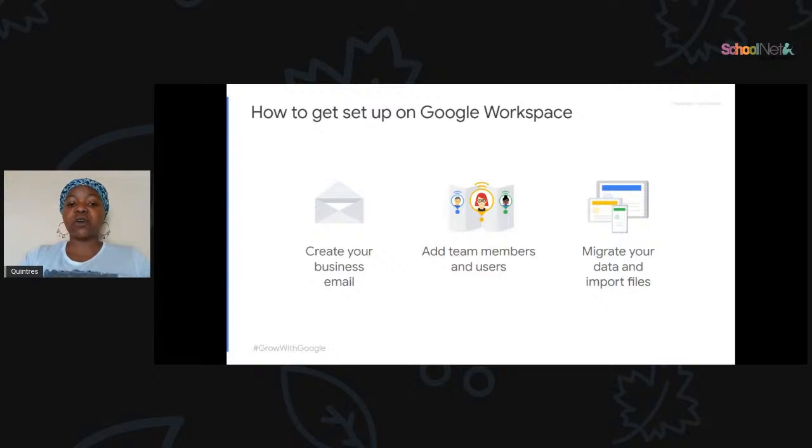Right. So you can also add team members and users to your Google Workspace. Before people on your team can sign in, you need to create a user account, right? And with Google Workspace, during your free trial period, you can create up to 10 user accounts. If you are using the setup wizard, you'll follow the steps to add your users.